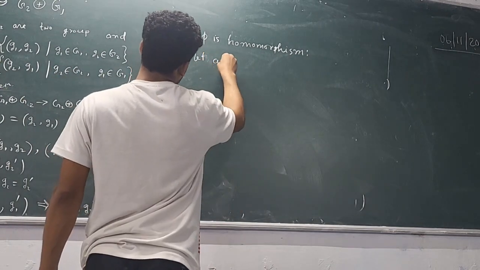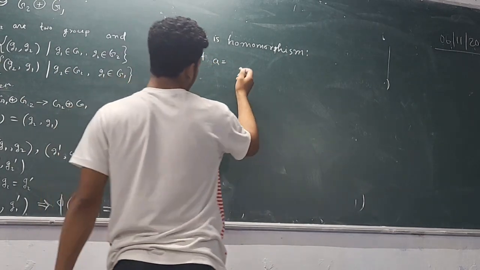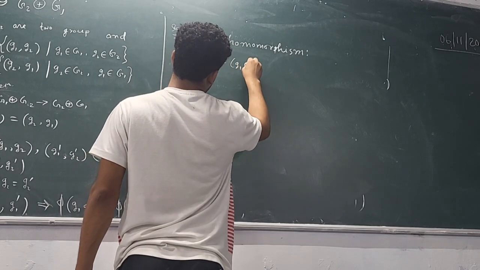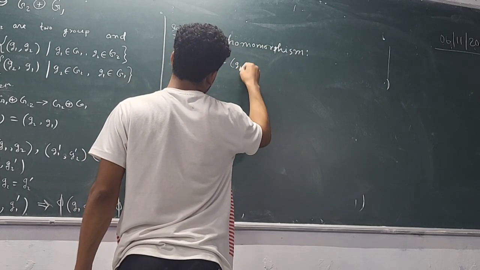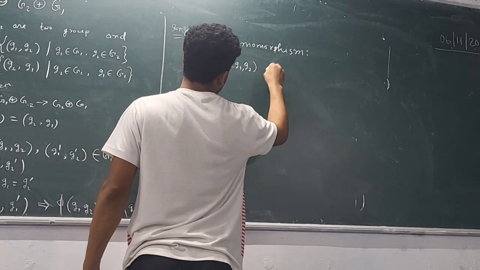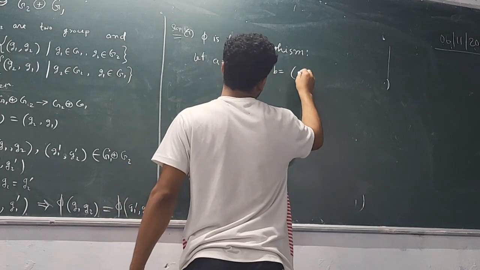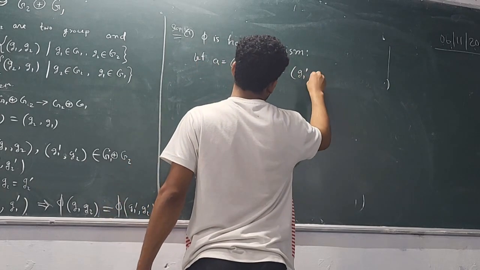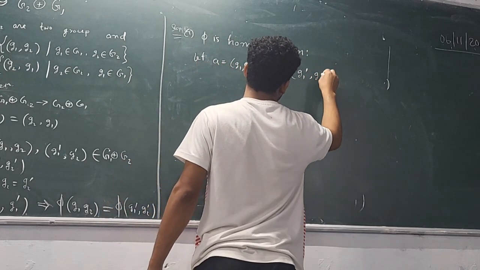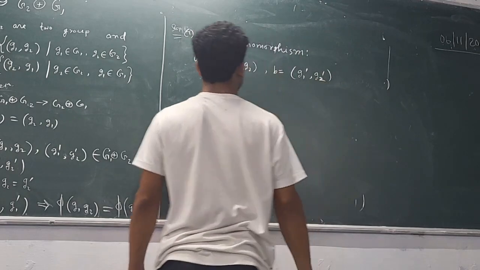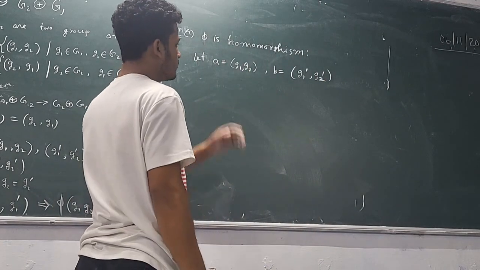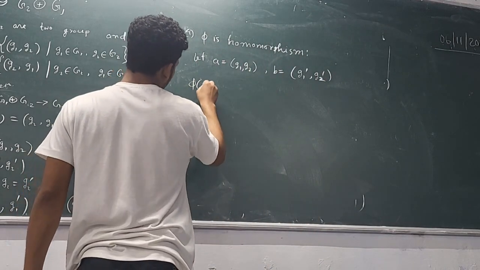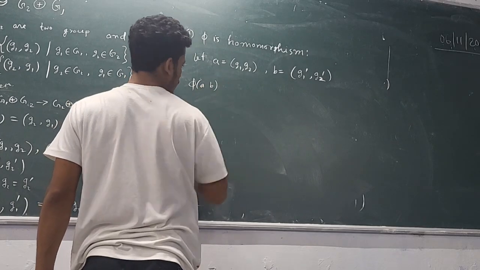Let A be an element (g1, g2) and B be an element (g1', g2'). These two are elements, A and B. So phi of AB.